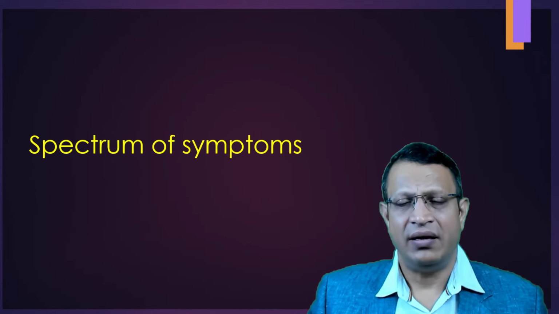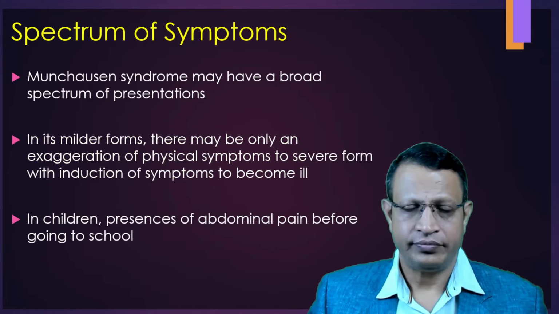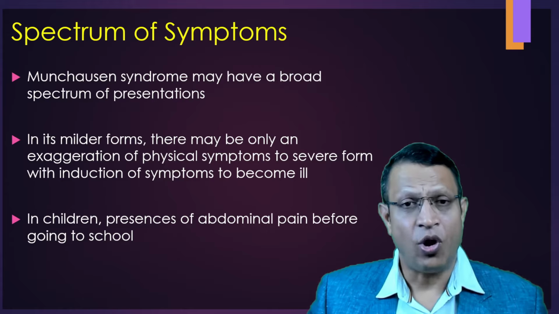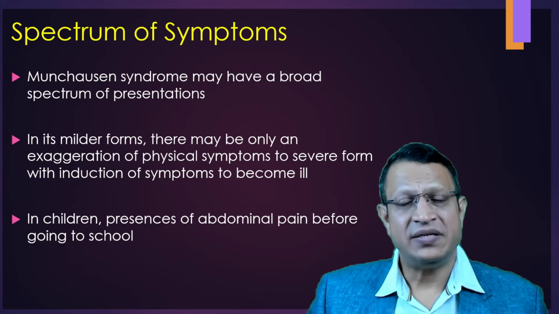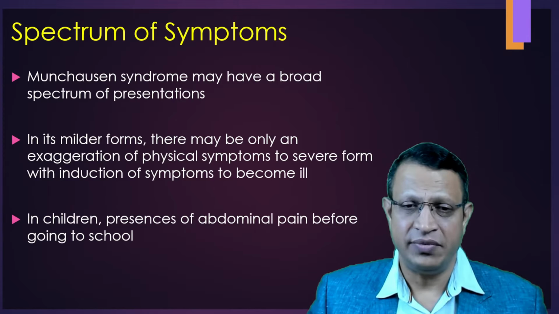Now let's understand this factitious disorder or Munchausen syndrome. This syndrome is a broad spectrum of presentation. What do you mean by broad spectrum? It may present as a milder variant of Munchausen syndrome where the patient exaggerates their symptoms.